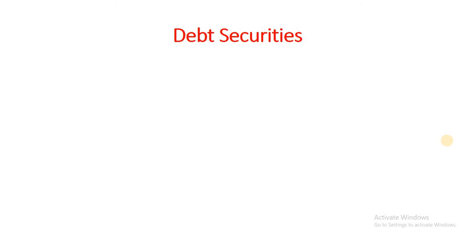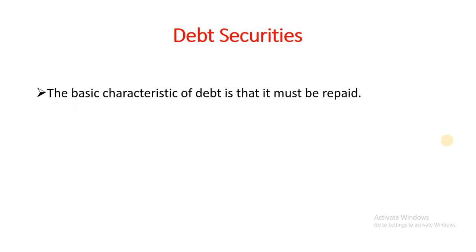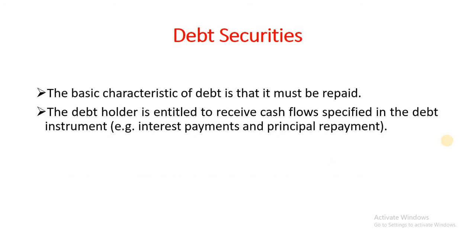Now let's look at debt securities. In general, debt represents liabilities. So the most common or basic characteristic of debt is that the debt must be repaid by the issuer.